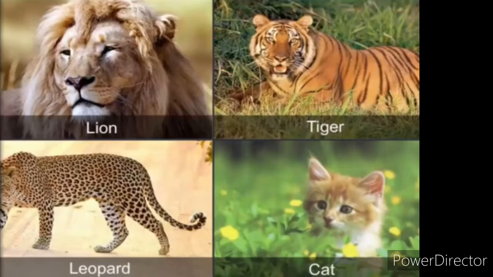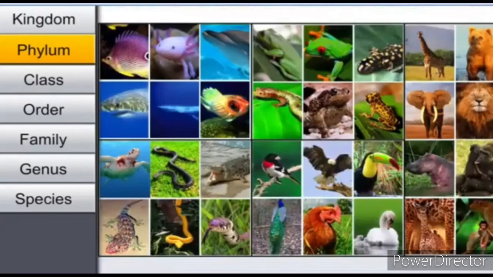Okay, the next category in the taxonomic hierarchy is phylum. Classes comprising animals like fishes, amphibians, reptiles, birds along with mammals constitute the next higher category called phylum.